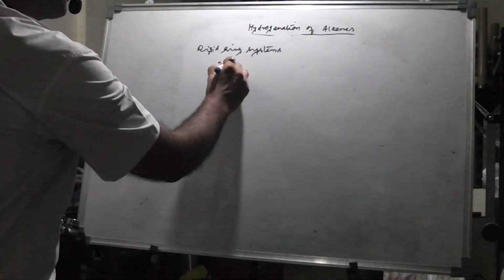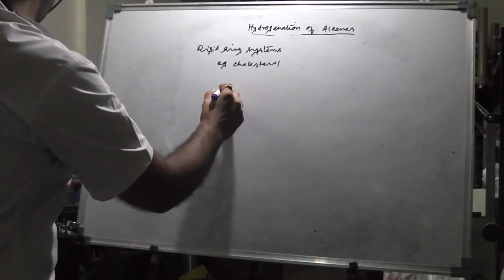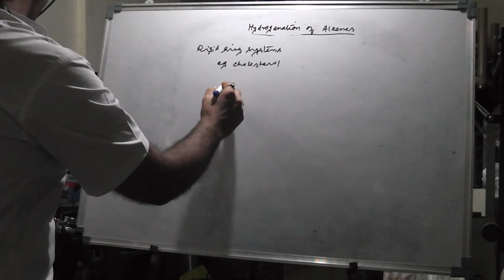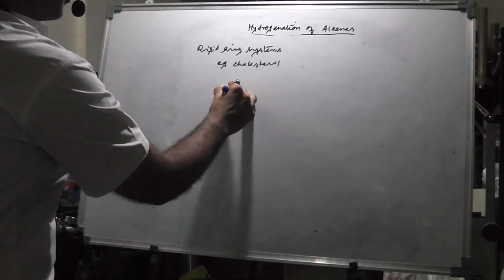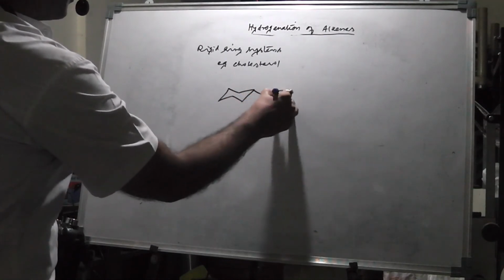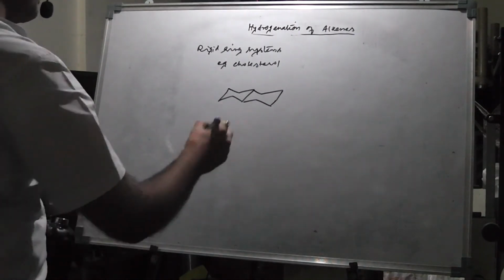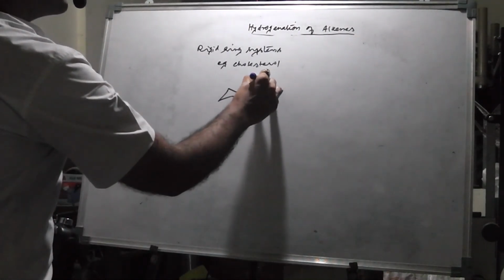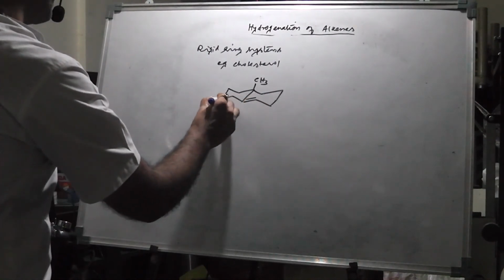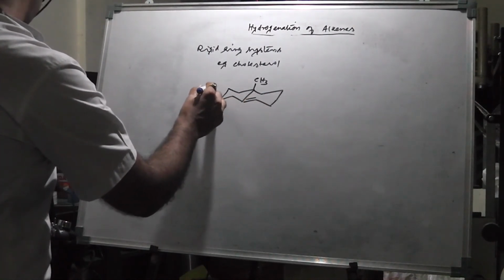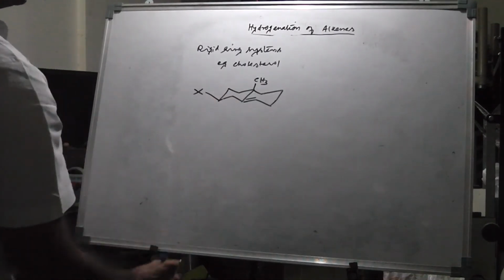Example, cholesterol. So this is the angular methyl group. There is a double bond here, containing X as a substituent.